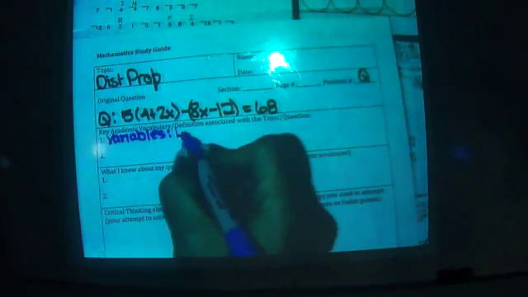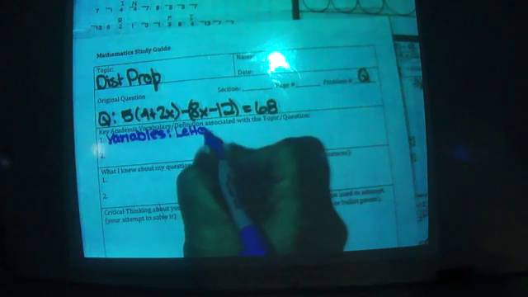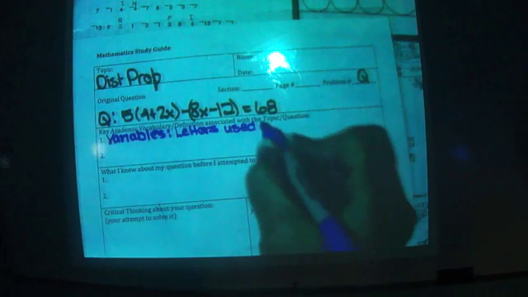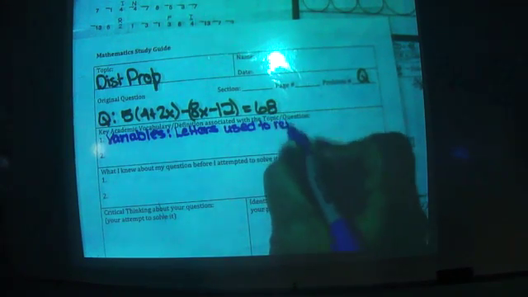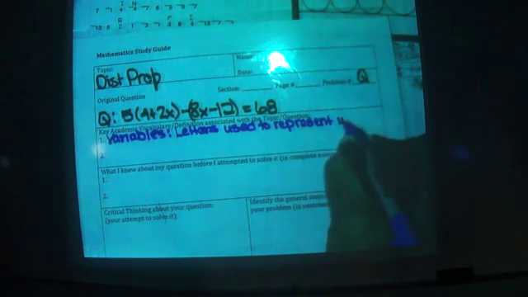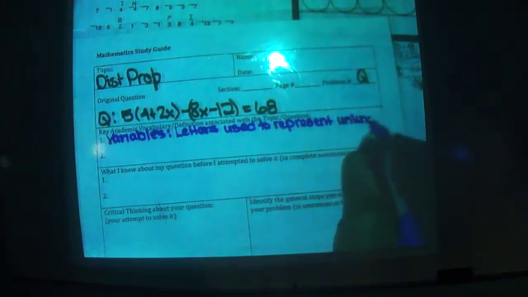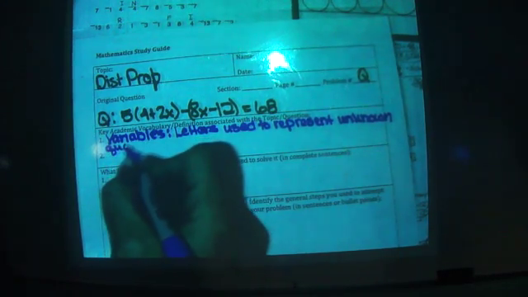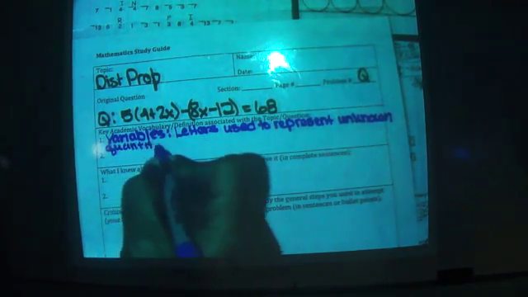Letters used for what? Unknown quantities. Letters used to represent unknown quantities. Good. Quantities. Wow, that's a big word. Amounts.